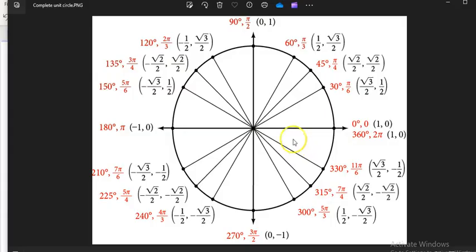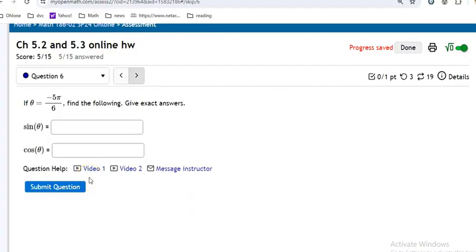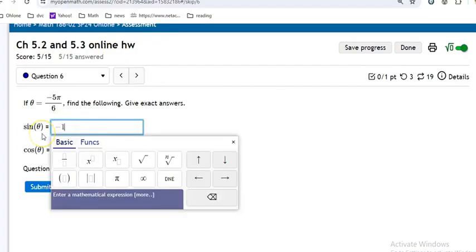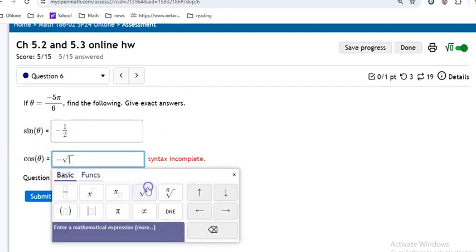In the unit circle, 7 pi over 6 is here, so it's negative root 3 over 2, negative 1/2, both negative. My sine would be y, so it's negative 1/2. My cosine would be negative root 3 over 2.